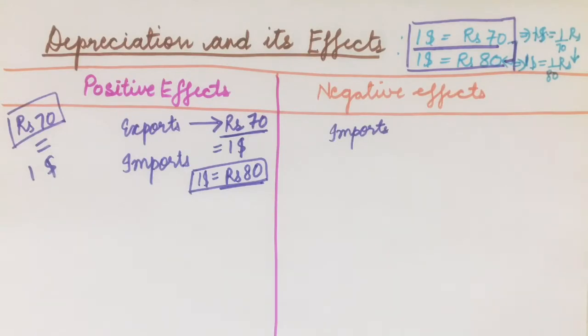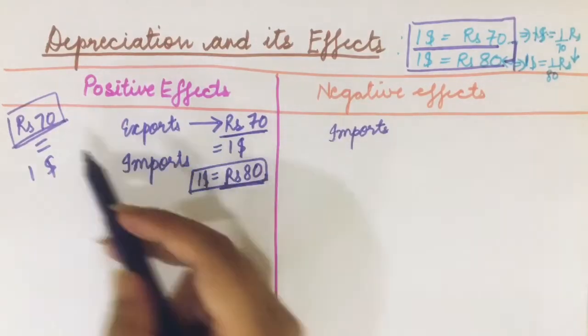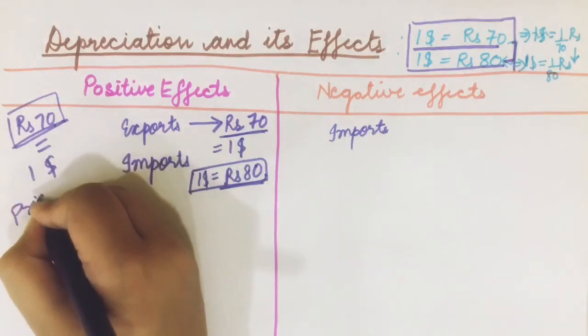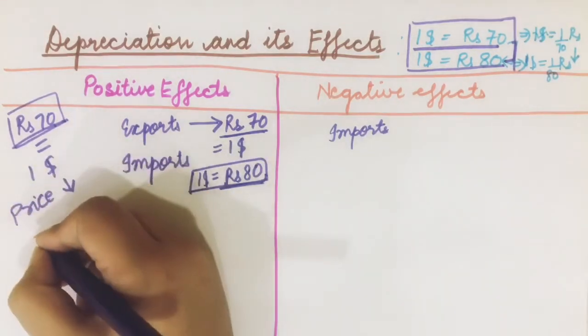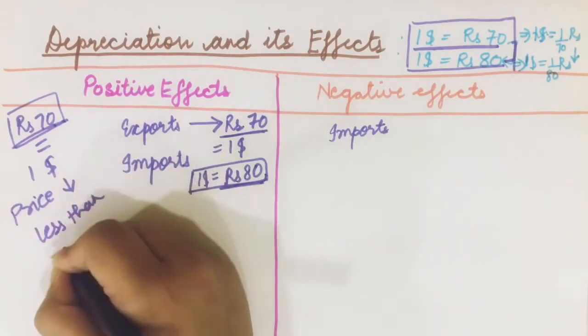Okay, now you keep that $1, but how much is the price you asked for? 70 rupees. Now if they give you $1, it means you have got 80 rupees, but the price is only 70. So in rupee terms, you will give them back 10 rupees. That means for them the price of your good has gone down, because now they have to pay less than $1.